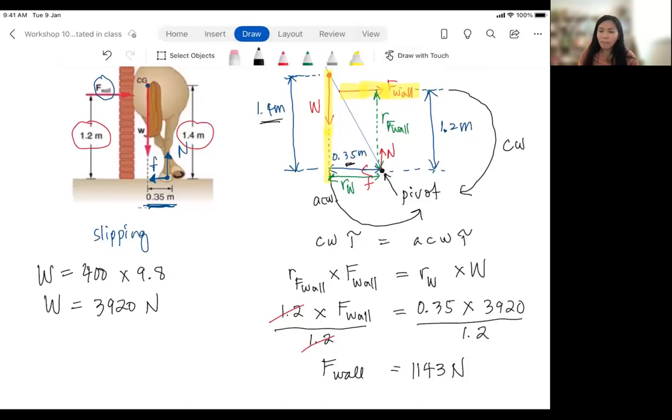Right. Are we happy with that solution? And can we move on to the next question?